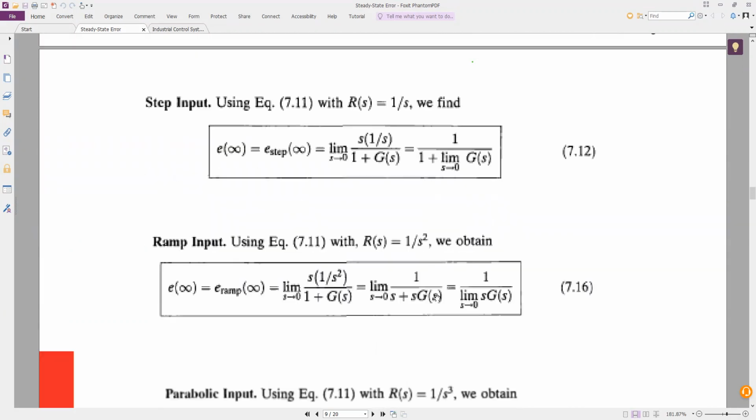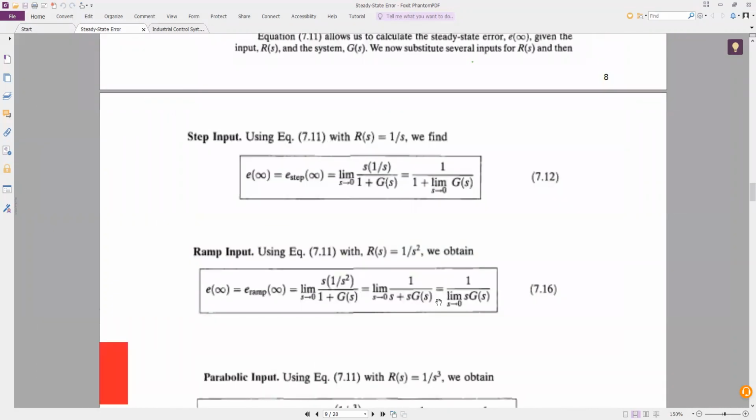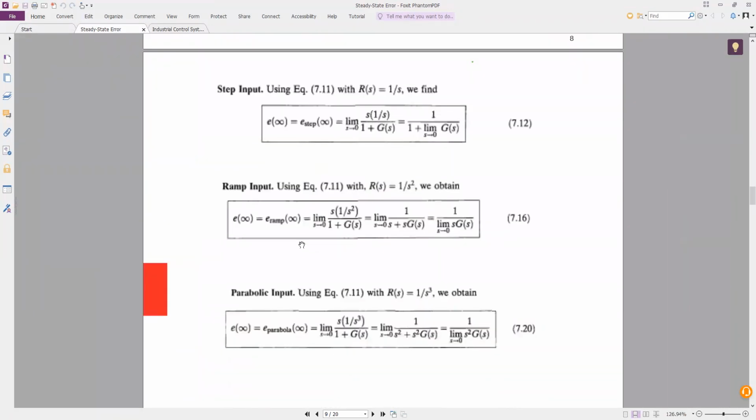Now, if you have the unit step input, that means 1 by s, then the equation would look like this. And if you have the ramp input, then the equation would look like this. And if you have the parabolic input, then the equation will be like this.